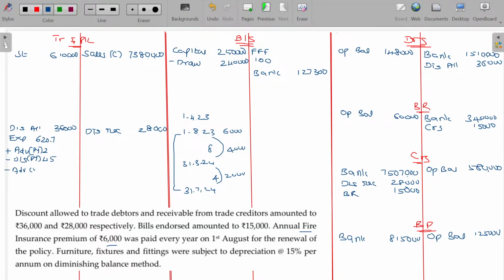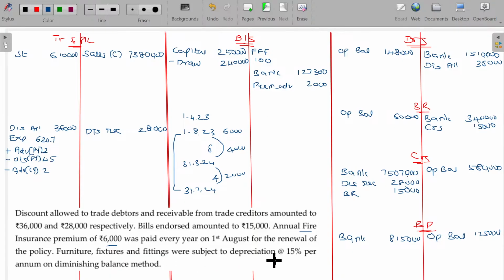Earlier we had 2,000 rupees advance, now we have 2,000 rupees advance. Last year's advance is added, this year's advance is subtracted. This year's advance, being your asset, is posted in the balance sheet asset side. So premium in advance, this value being 2,000 rupees, or unexpired premium.